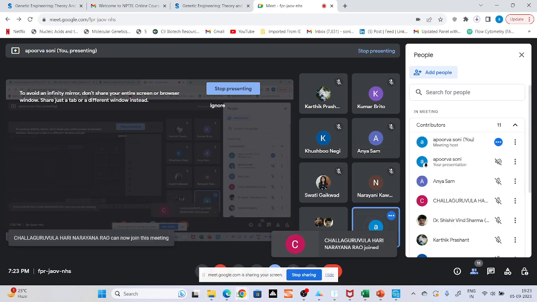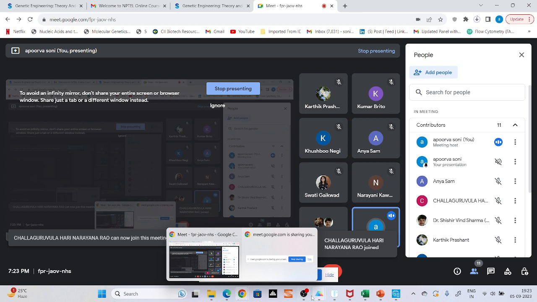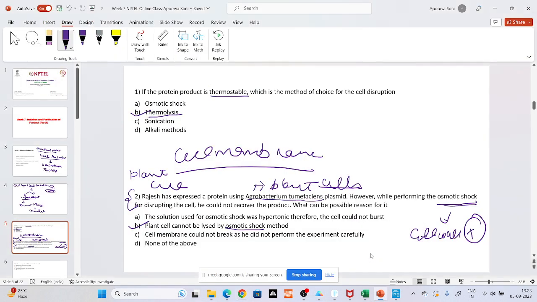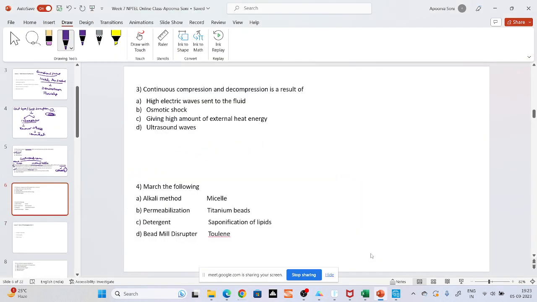Fine. So the next question is, continuous compression and decompression is a result of high electric waves sent to the fluid, osmotic shock, giving high amount of external heat energy, or ultrasound waves. So continuous compression and decompression, where does it happen? It is a property of which kind of method?